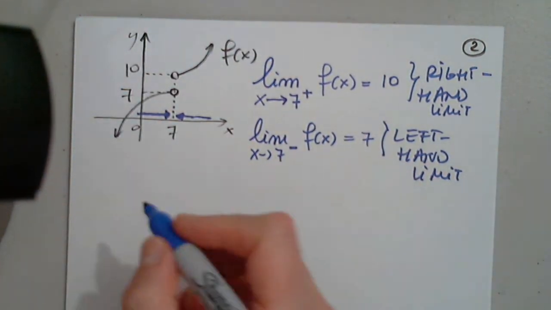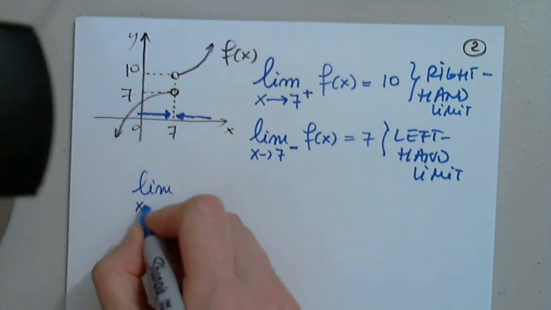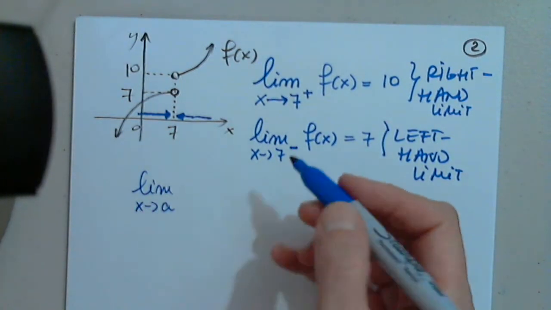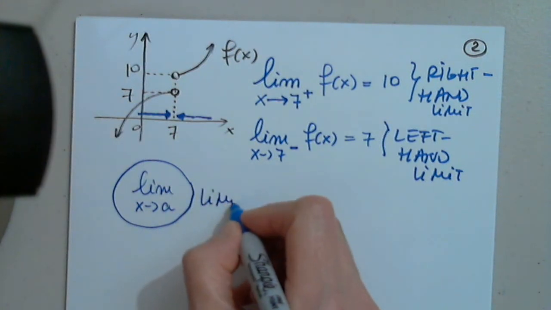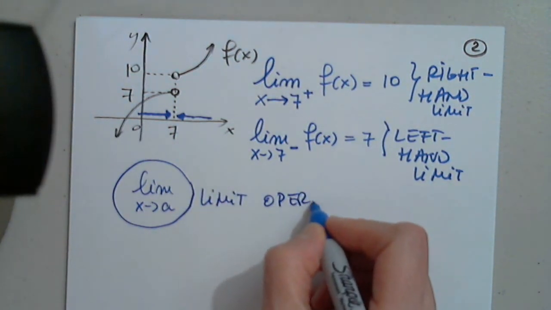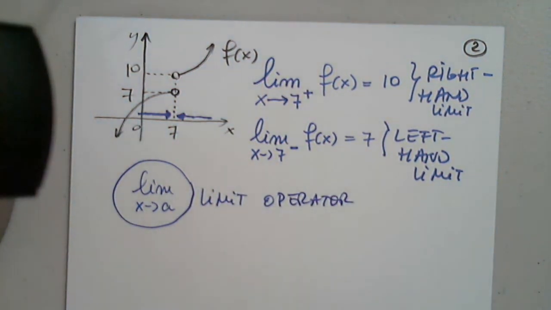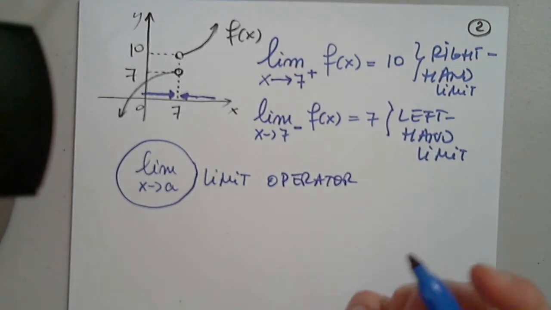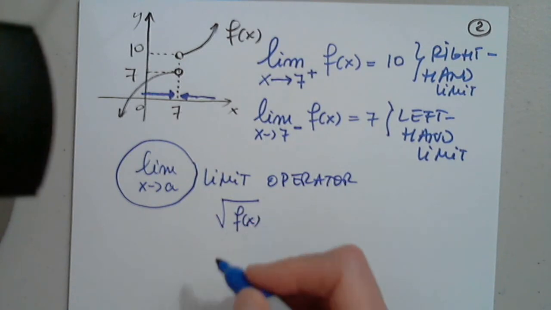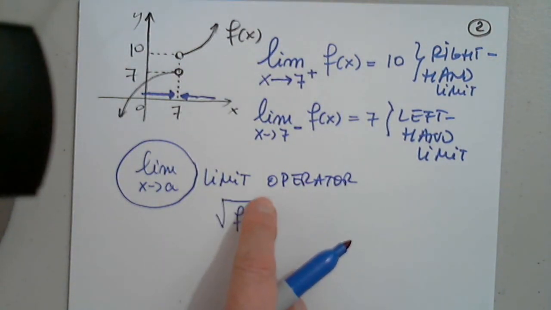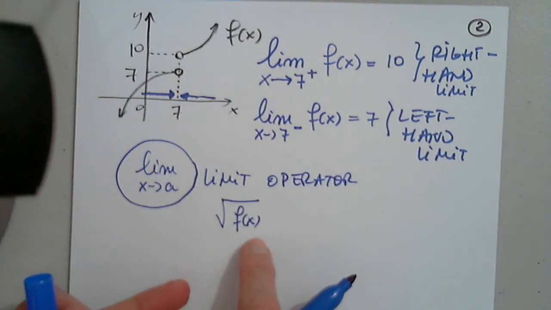This is the so-called limit as x approaches a, any number, right? It's called the limit operator. It acts like any operator. What do I mean by operator? This is an operator. It's a square root. It's something that does something to a function.